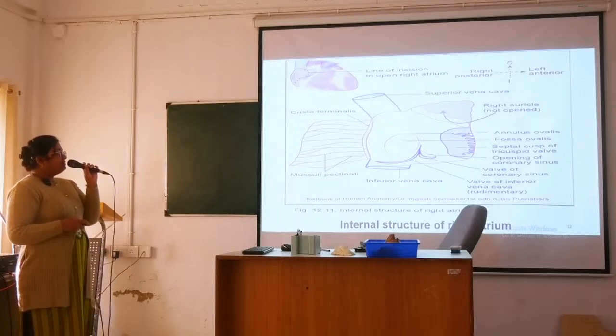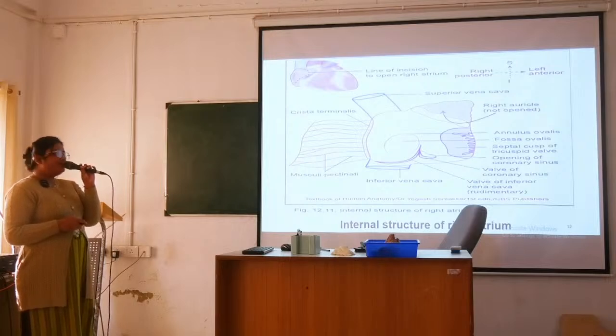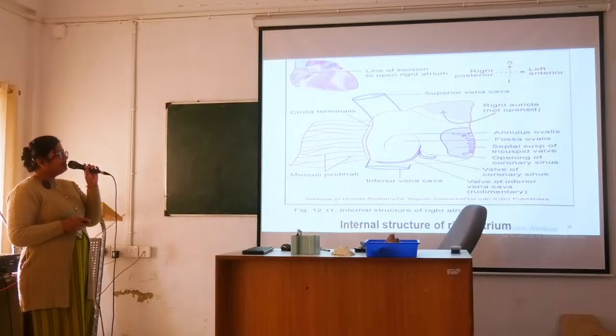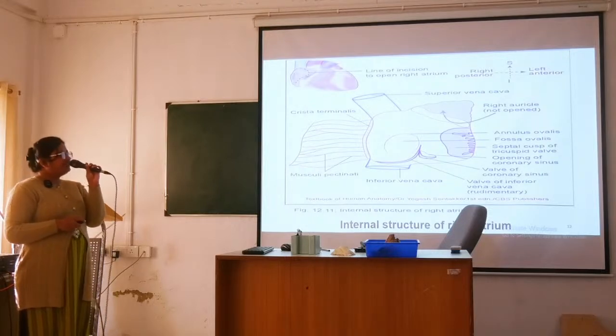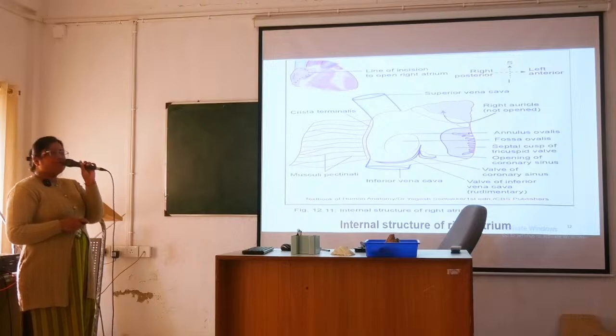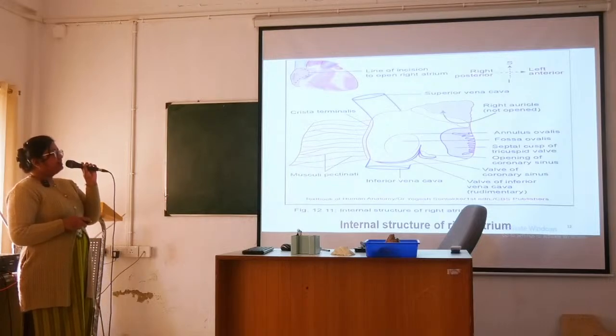Okay, and this is the opening of the inferior vena cava bounded by this Eustachian valve. Here is the opening of the coronary sinus bounded by the Thebesian valve, and here is the fossa ovalis, formed during the development of the interatrial septum from the septum primum. And here is the limbus fossa ovalis or annulus ovalis, which is guarding this fossa ovalis on three sides.